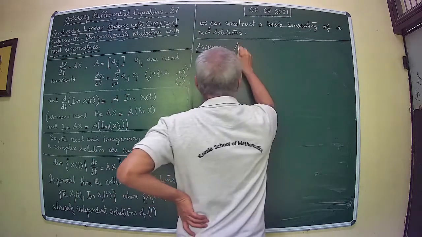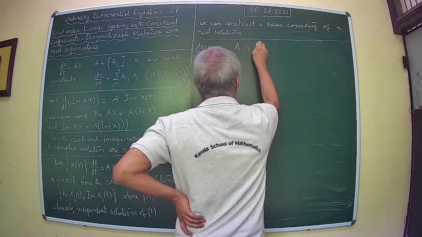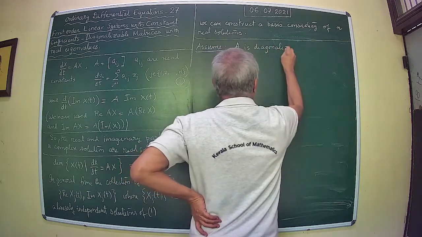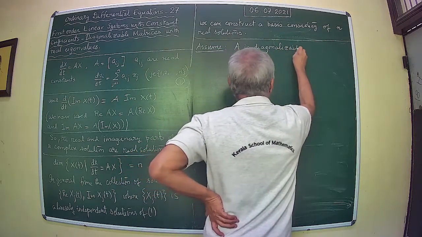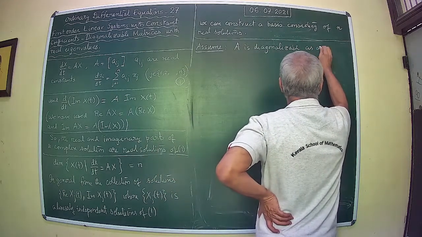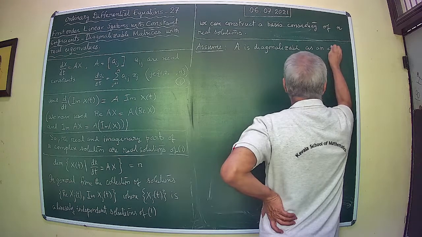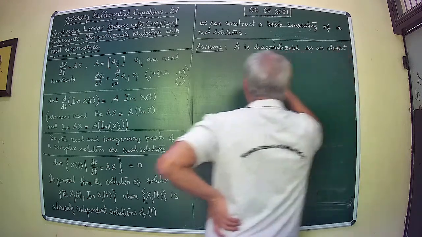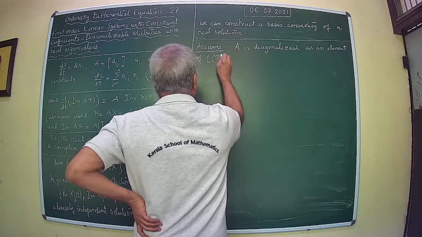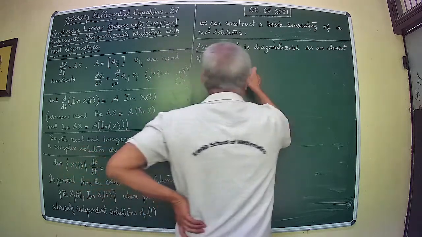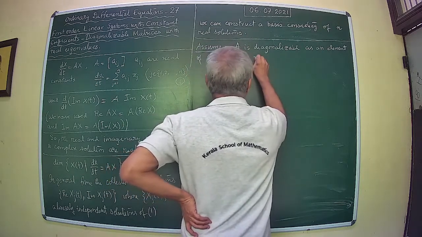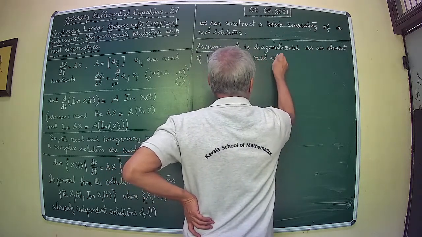A is diagonalizable as an element of M_n(R) with real eigenvalues.